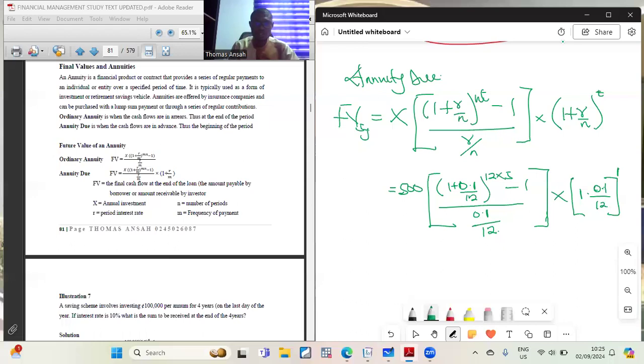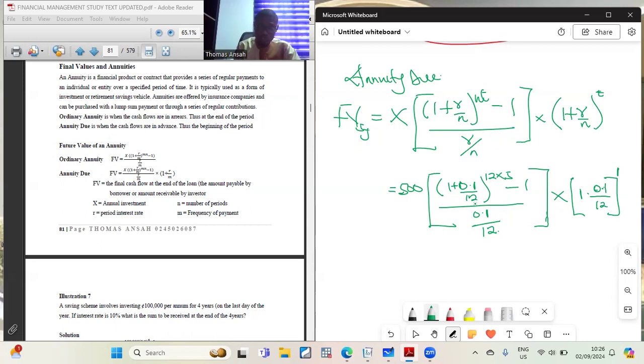So guys, let's work this out. 0.1 divided by 12 will give you something like 0.00083 continuously.